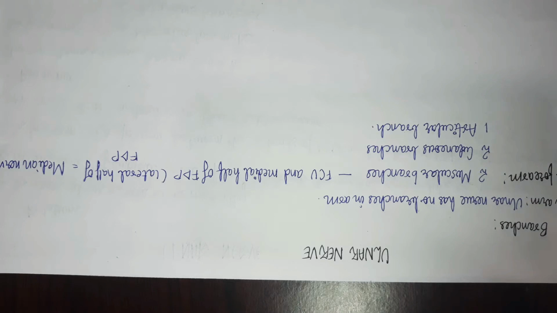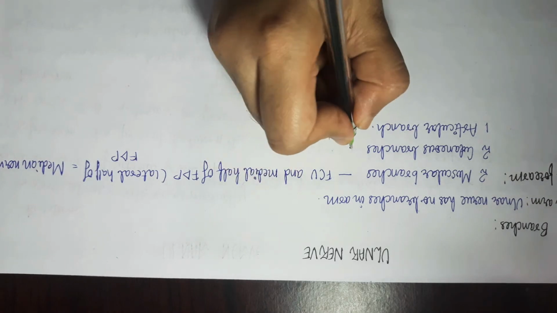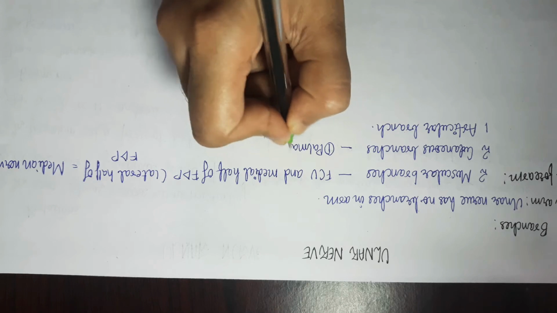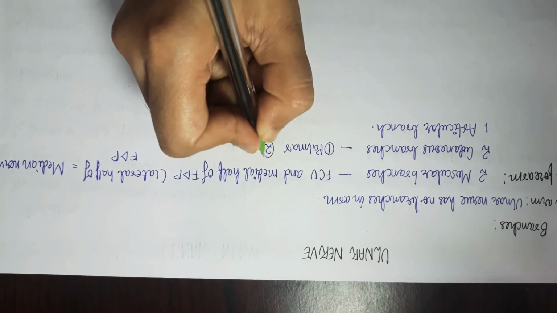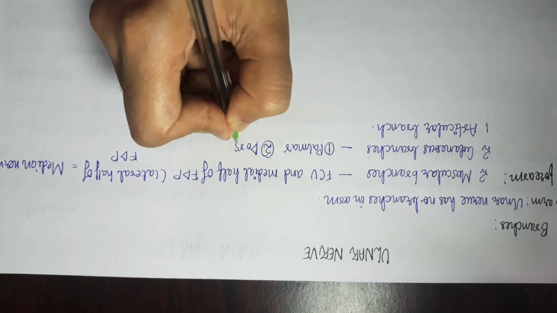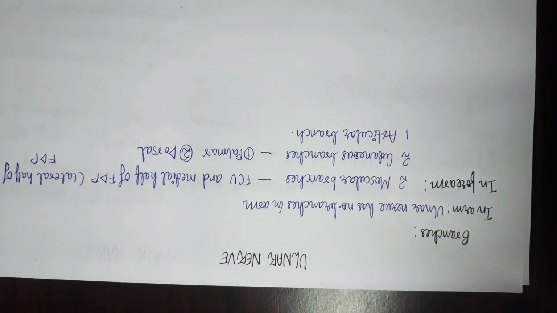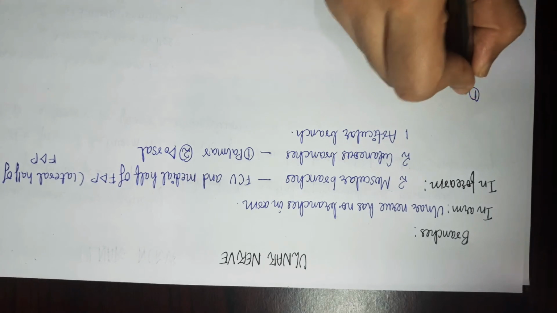Two cutaneous branches, that is the palmar cutaneous branch and the dorsal cutaneous branch.